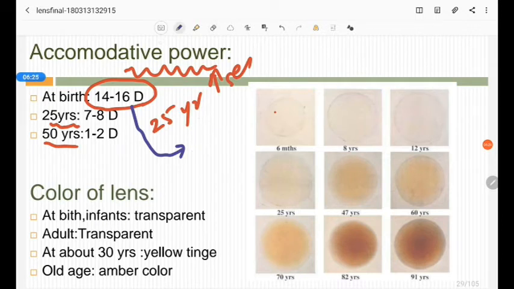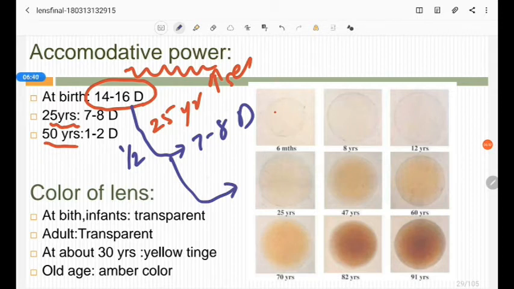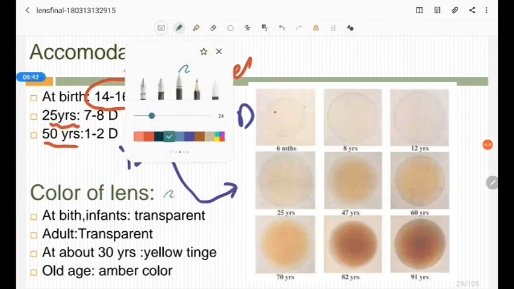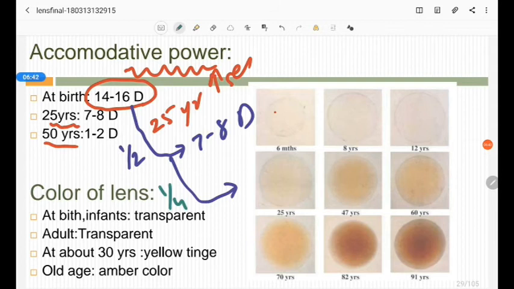Or if you want a range, from 14 to 16 it drops by half, coming to 7 to 8 diopters. And from that stage, it is almost cut down to 1/4 as the age doubles to 50 years, and that comes down to 1 to 2 diopters.